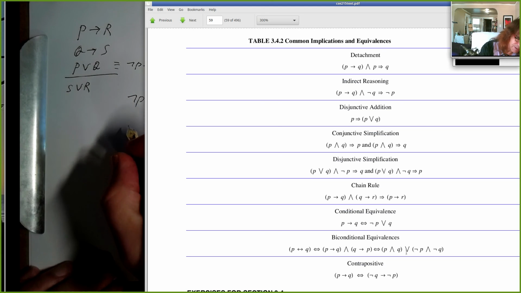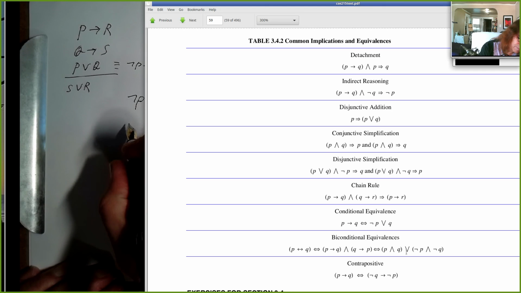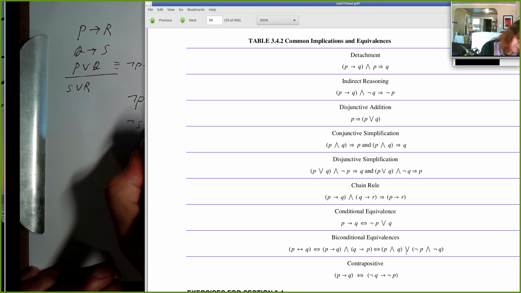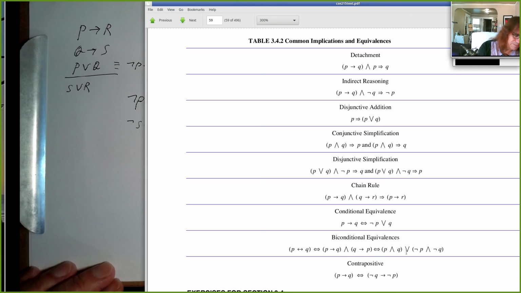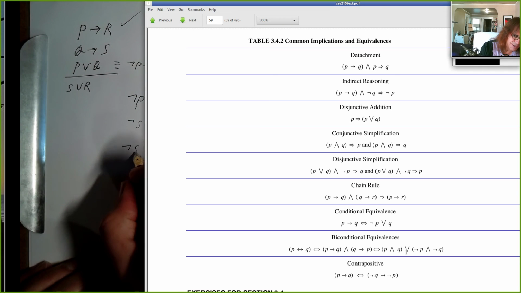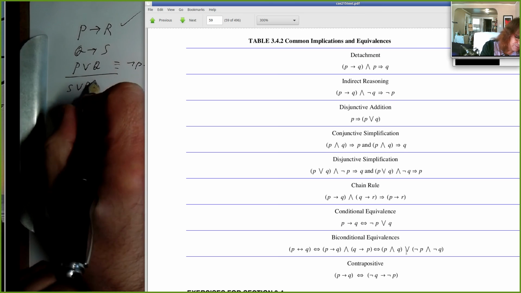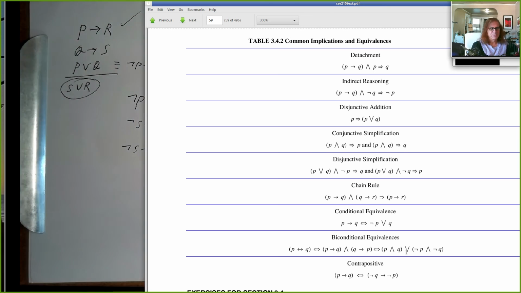So this is going to be the same thing as if not S, then P. And now this and this can go together with the chain rule and say if not S, then R. Well, that's starting to look really close to this, right? We've got S and R together.